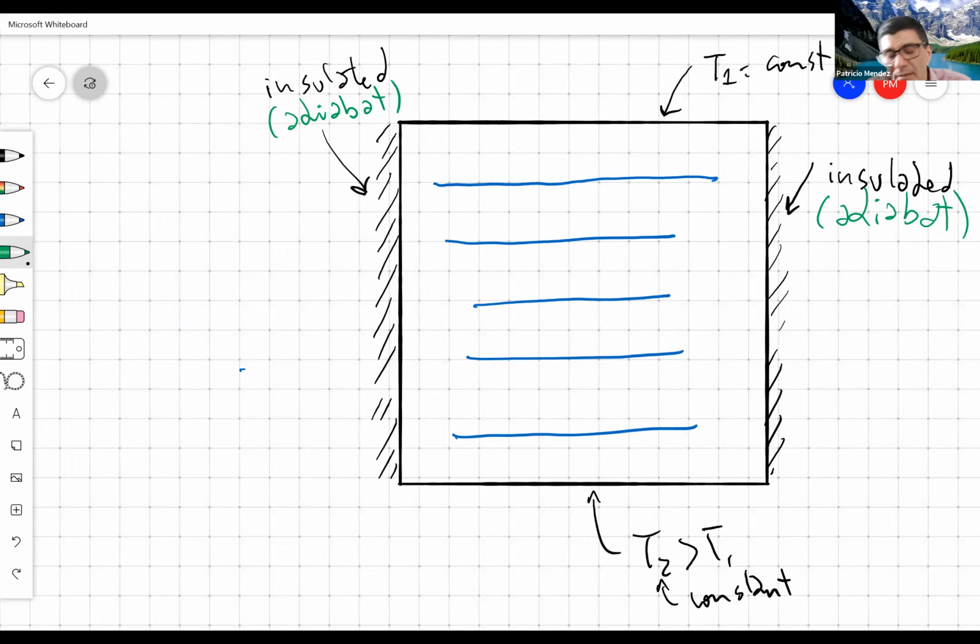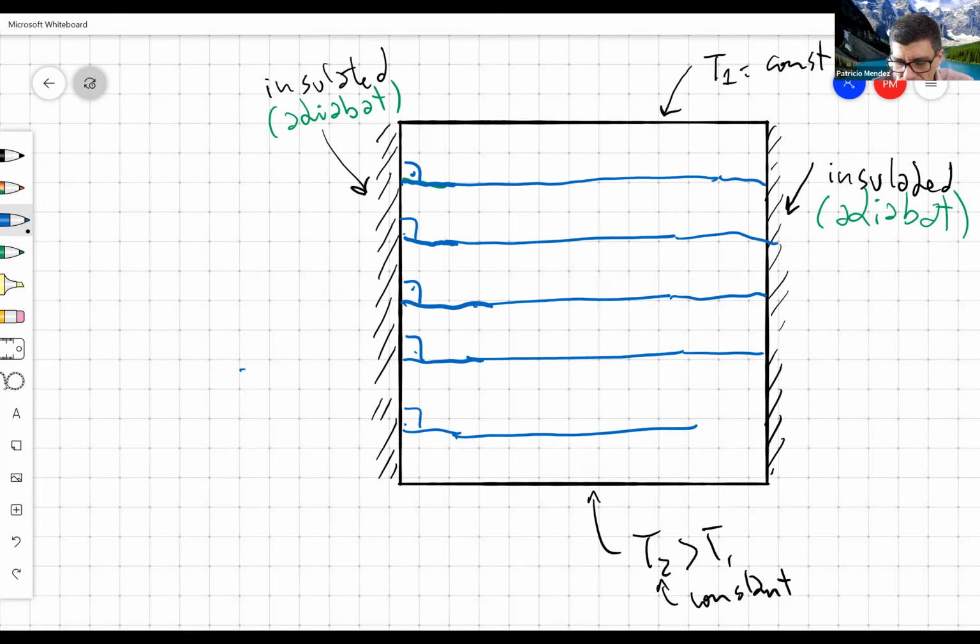And that means that the isotherms are going to be perpendicular. So here, they're going to be perpendicular. Here, perpendicular, perpendicular. Perpendicular in all cases. And we know the adiabats have this interesting property that they are perpendicular to the isotherms. So therefore, this is an isotherm too.